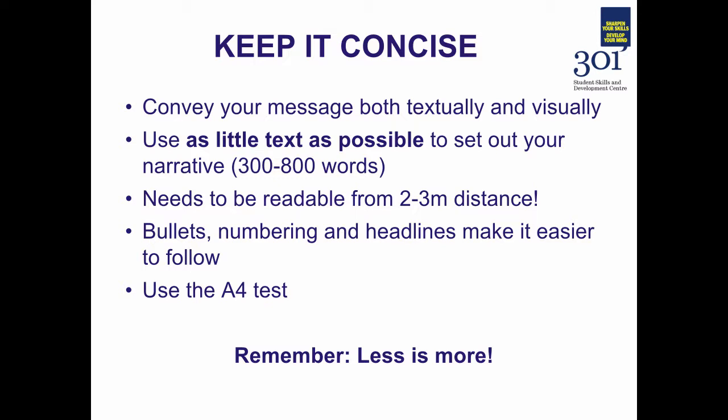The principle here would be, if you're producing an A1 research poster, which is the standard size, then print it out at A4 and see if you can read it. If there's anything that you can't read at all on an A4 page, then it probably needs to be enlarged for the A1 version so that it can be readable from a distance. And remember here, less is more in a research poster. Don't try and stick everything in just because it's there.